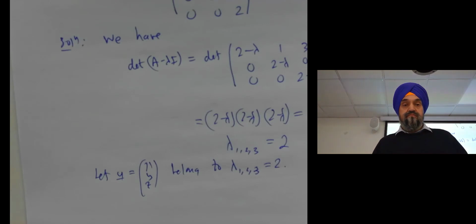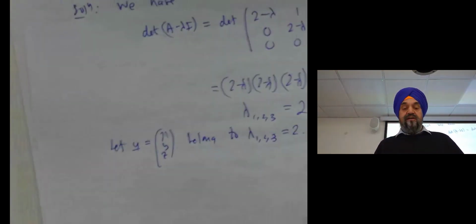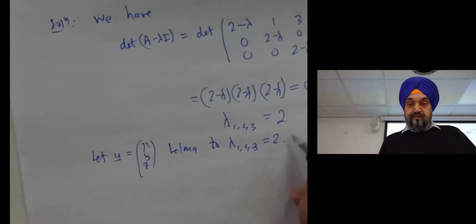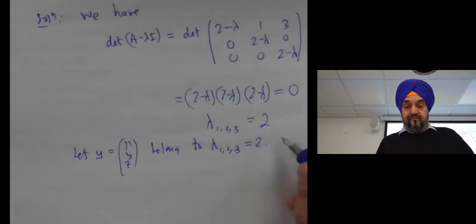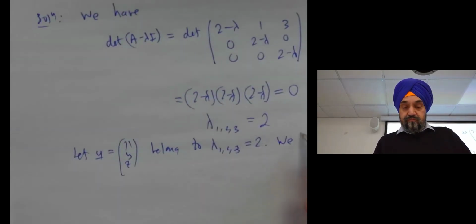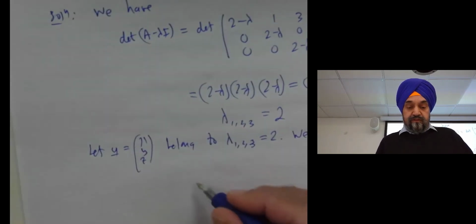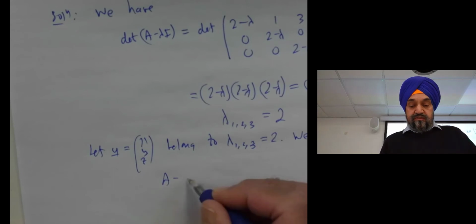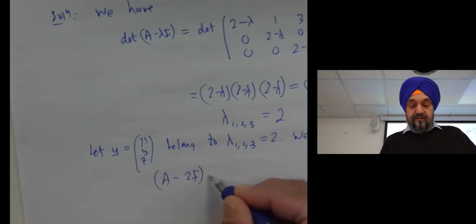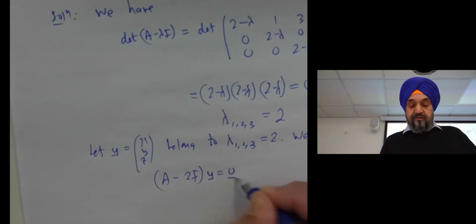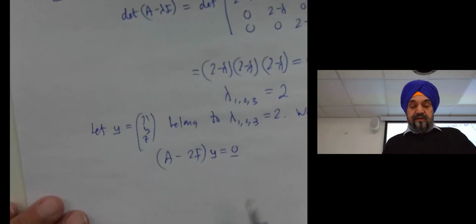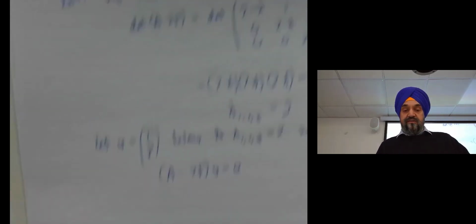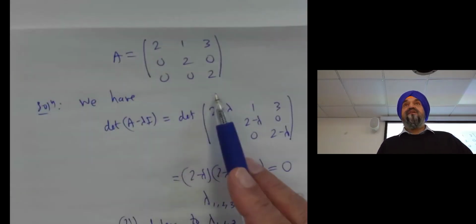Exactly. We have (A minus 2I)u equal to 0, this time it's 2I. A is that matrix there.